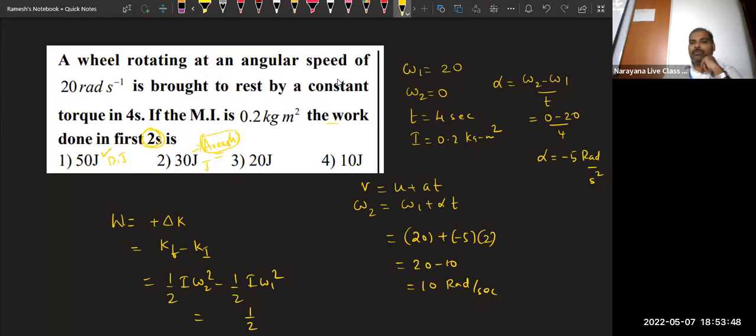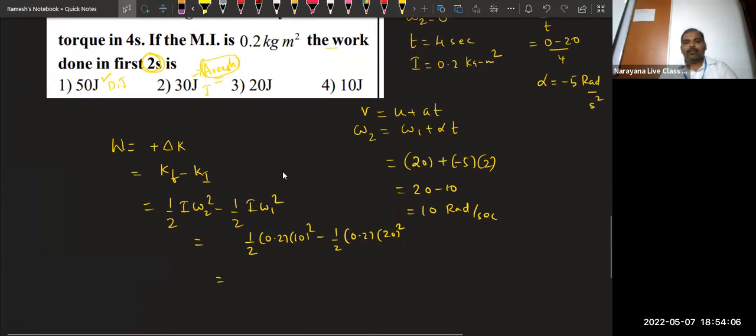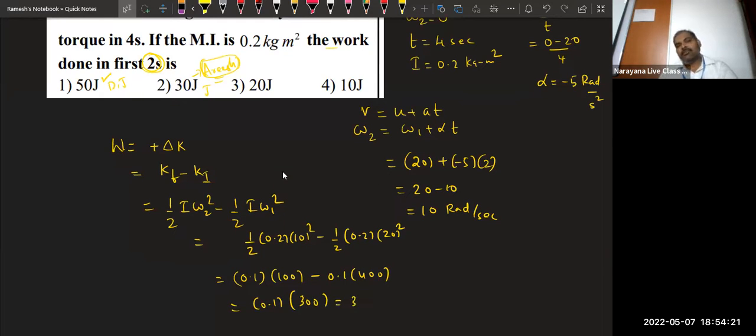Half into I value 0.2 into omega 2 value 10 whole square, minus half into 0.2 into 20 whole square. So 0.1 into 100 minus 0.1 into 400. If you take 0.1 outside, 100 minus 400 means 300, so how much is that? Very good. 30 joule. Option 2 is the perfect answer for the question.